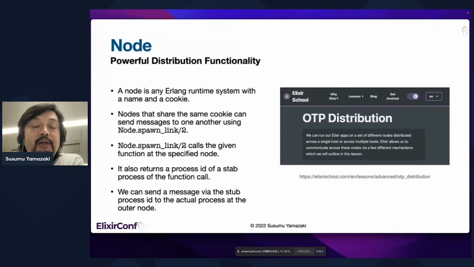Nodes that share the same cookie can send messages to one another using Node.spawn_link. Node.spawn_link calls the given function at the specified node. It also returns a process ID of a stub process of the function call. We can send a message via the stub process ID to the actual process on the other node.